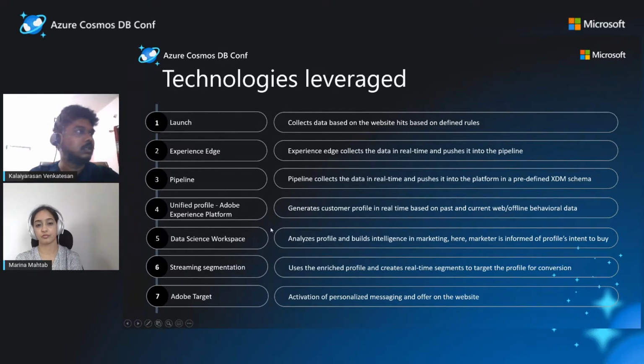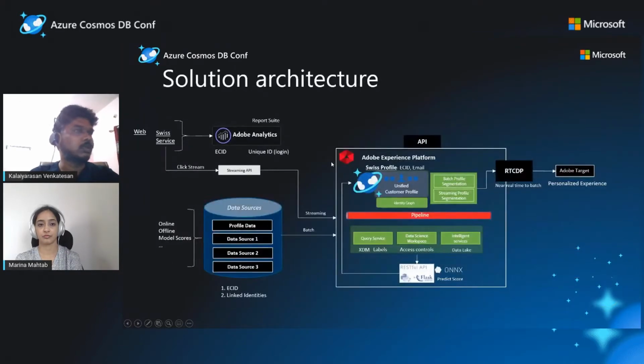That's how the technologies we leveraged and how we have implemented this solution. So whenever I say unified profile, there we have a Cosmos DB in the backend, and it takes care of everything. So this is the solution architecture which we have used, and how we leveraged Cosmos DB.